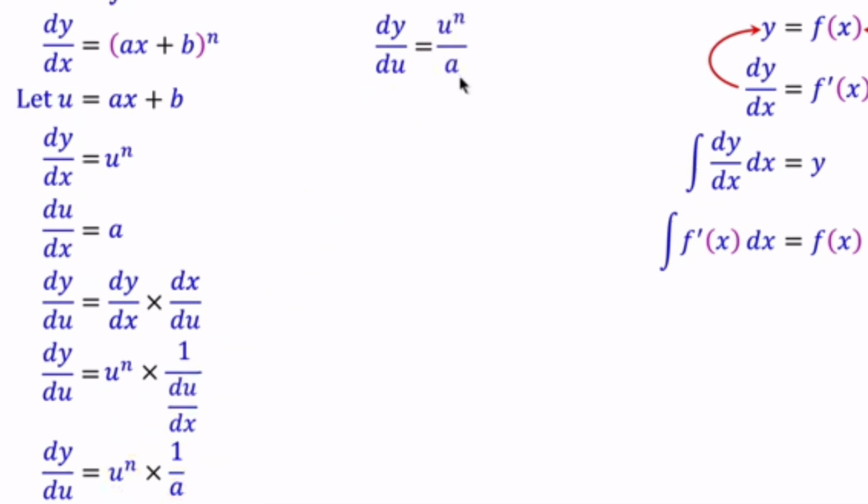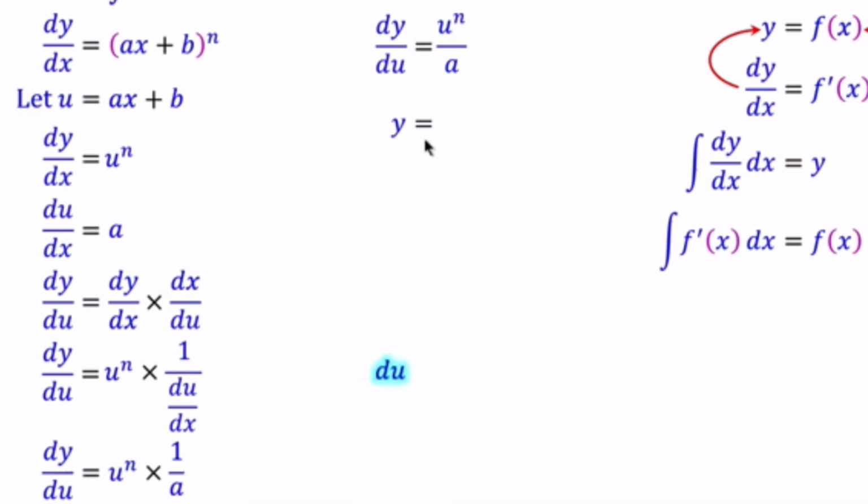So that is how we derive the integration by substitution formula, which is actually quite complicated. So if we want to integrate (ax plus b) to the power of n, we have to use integration by substitution. So we will write y is equal to the integral of u to the power of n over a du.